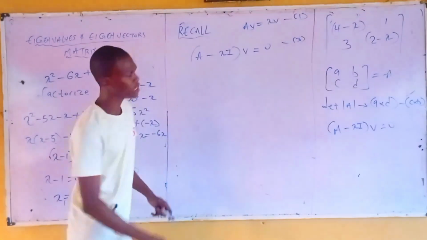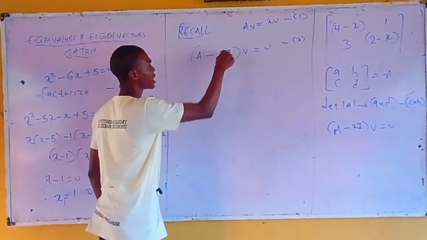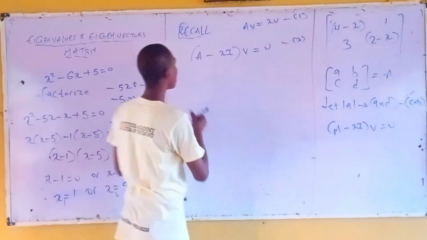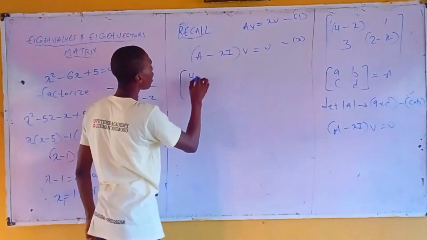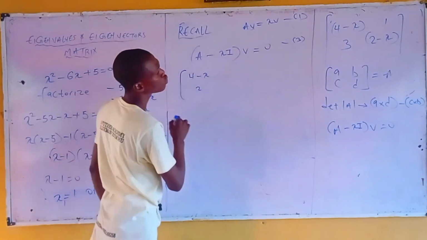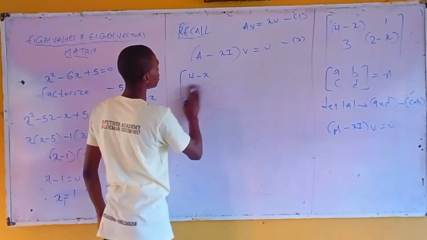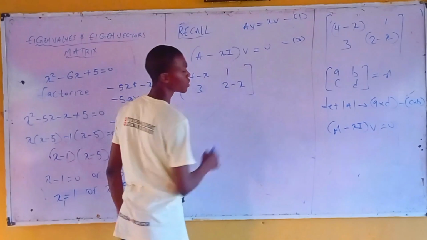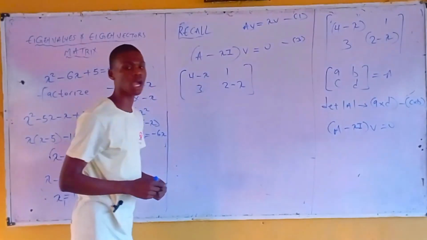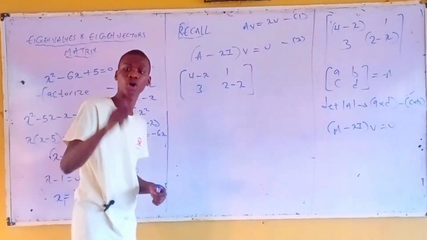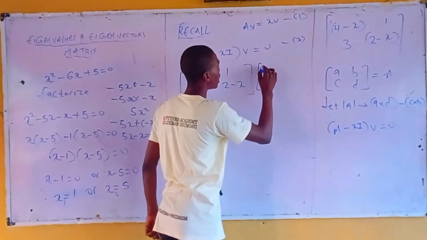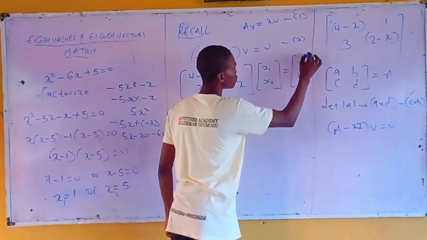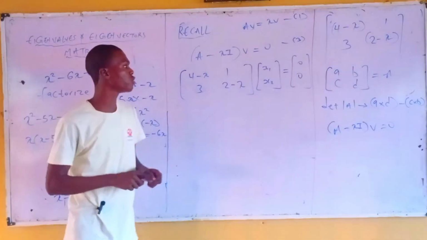Earlier, we computed the matrix of A minus lambda I, and it was this: 4 minus lambda, 3, 1, 2 minus lambda. In place of V, you have a column matrix representing your eigenvector, x1, x2, equals 0, 0. Since you get two values, represent your 0 like this.